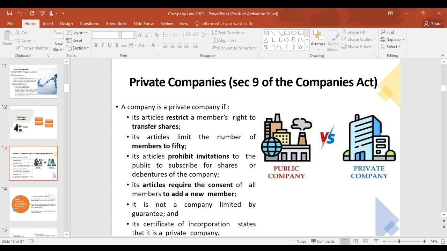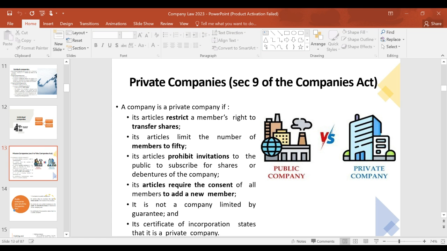And also, private companies have a limit on the number of members of up to 50. They cannot go beyond 50 in number, as opposed to a public company, which has no limit with regards to the membership.